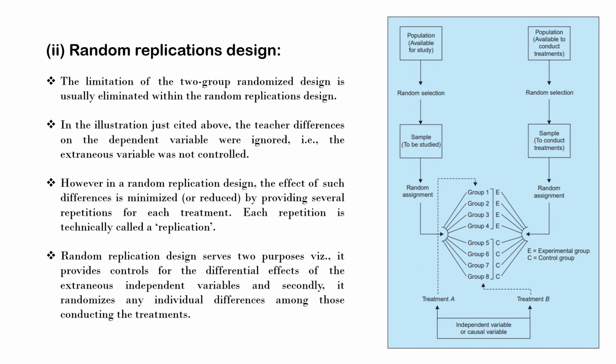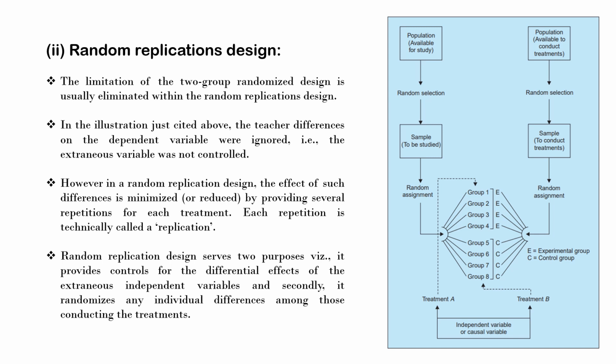So next is random replications design. Here we can take more than two groups. First we take a population, then we take two samples, then we divide those samples into as many groups as we want, maybe four groups each.